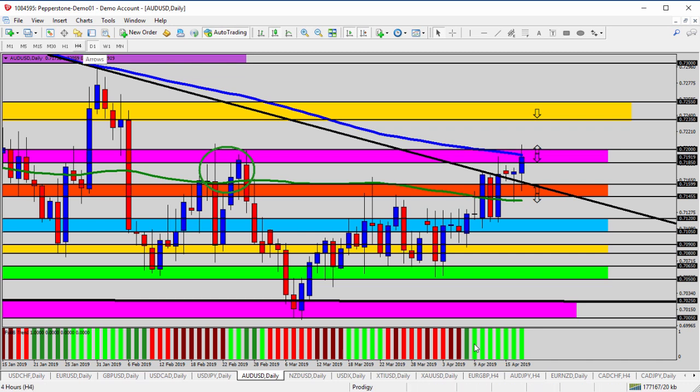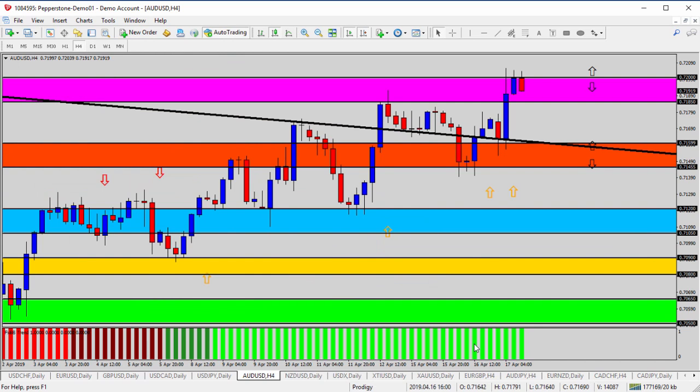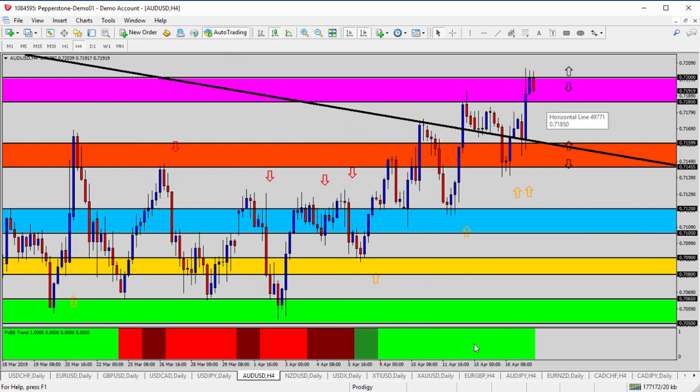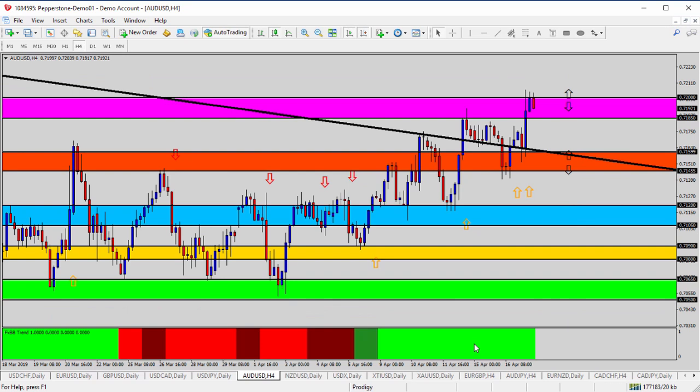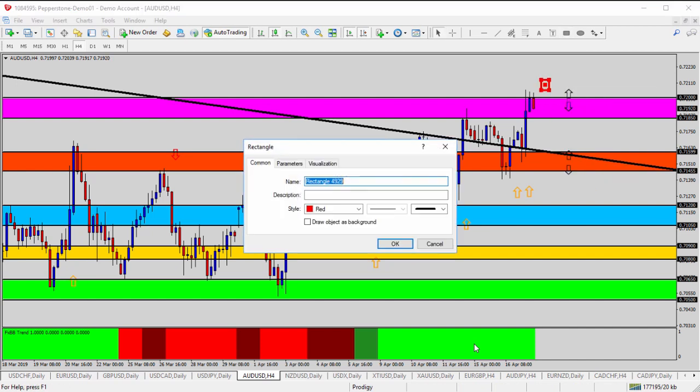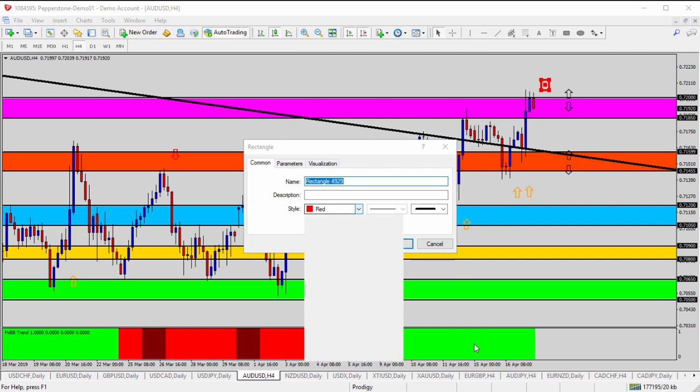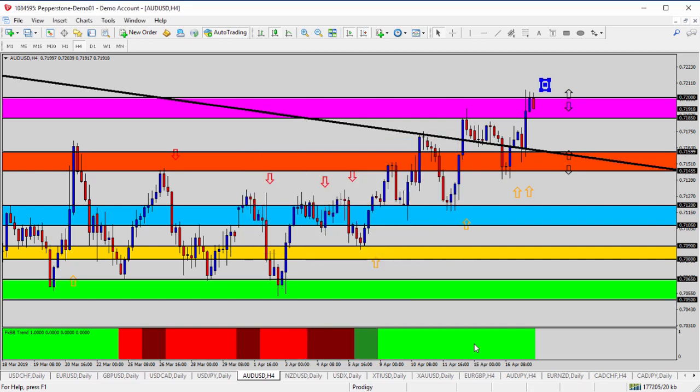Let's take it down to the 4-hour time frame. We won't see the daily moving average here on the 4-hour, but we can see some significant things happening here that we didn't see on the daily. Number one, we haven't actually seen it break out above 0.72 yet. In fact, it is clearly finding resistance at 0.72.